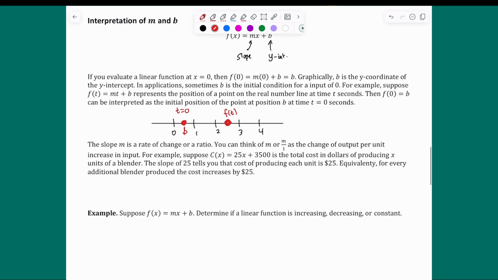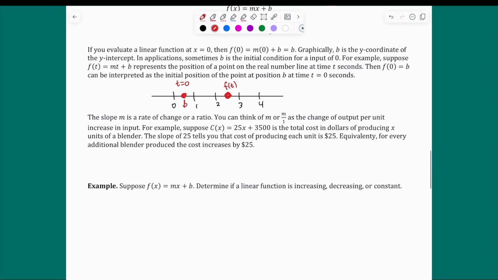All right, so here we have f of x equal to mx plus b. Determine if the function is increasing, decreasing, or constant. Well, from earlier, we know the rate of change tells us if it's increasing or decreasing over a given interval, and overall on average.